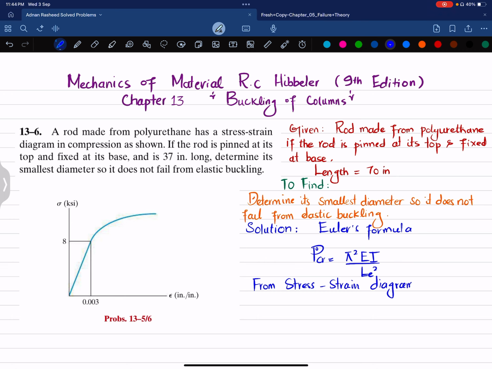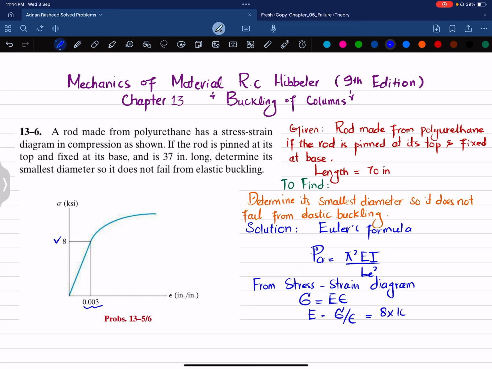As we know, at the proportional limit, stress is equal to E into strain, and from here E will be equal to stress divided by strain. So at the proportional limit, stress is 8 ksi and strain is 0.003.